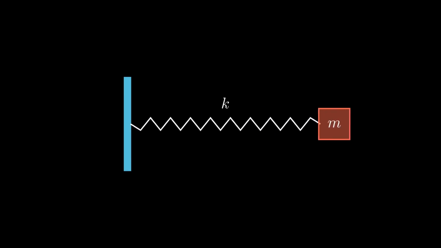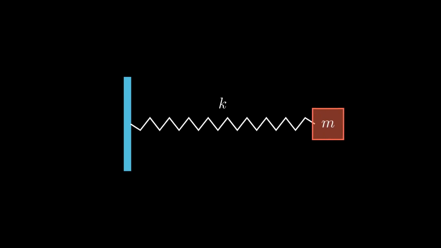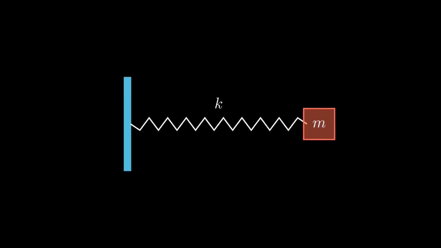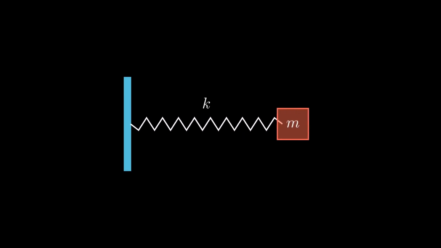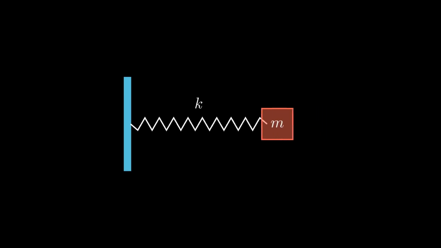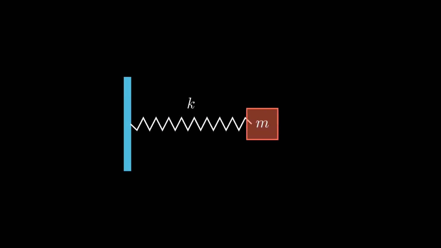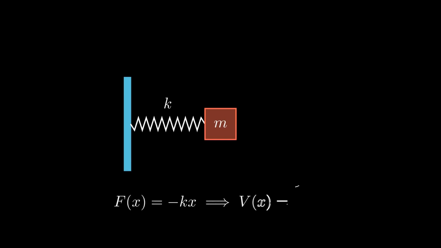The harmonic oscillator is one of the most famous and most important systems in all of physics. If you've ever taken any introductory physics course, you've probably encountered the quintessential example of a simple harmonic oscillator, a mass spring system. Here, the force on the mass is equal to minus kx, where x is the distance from equilibrium and k is the spring constant.